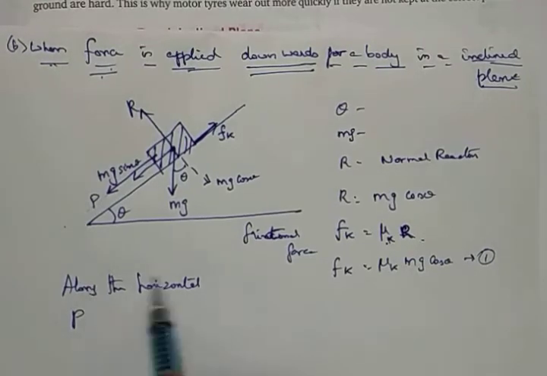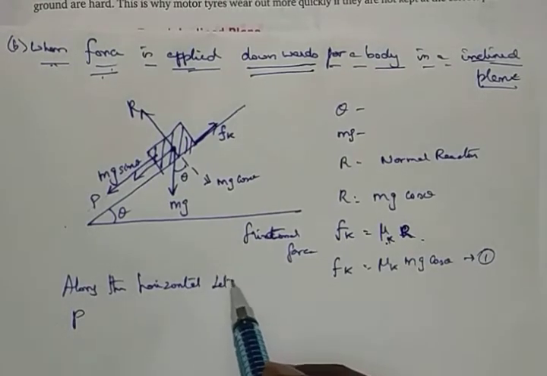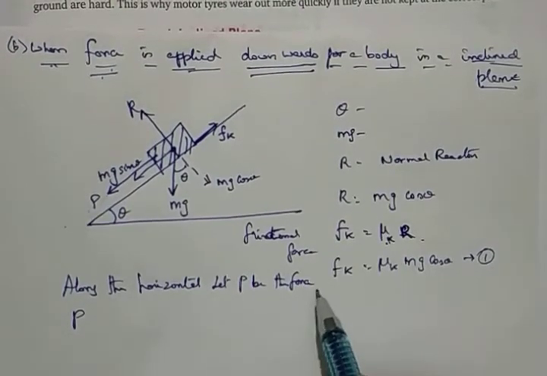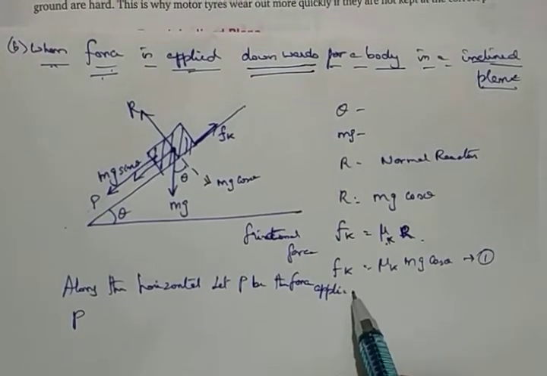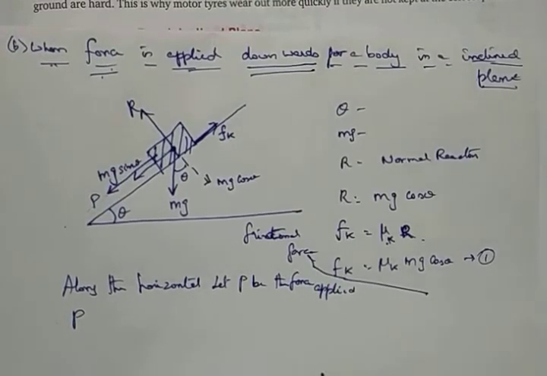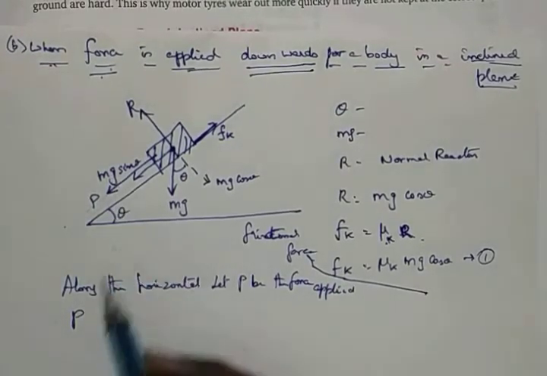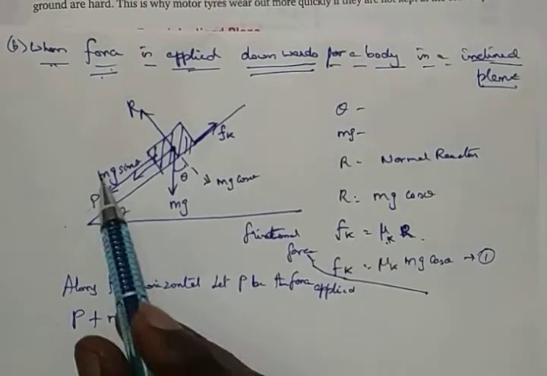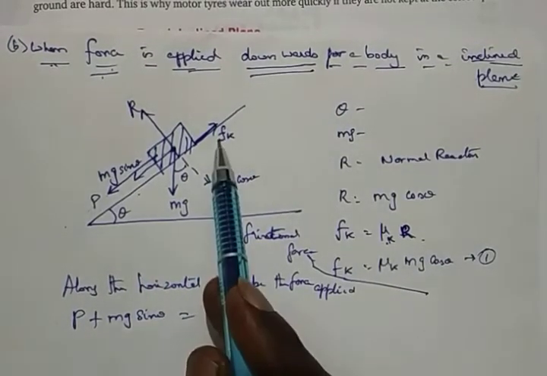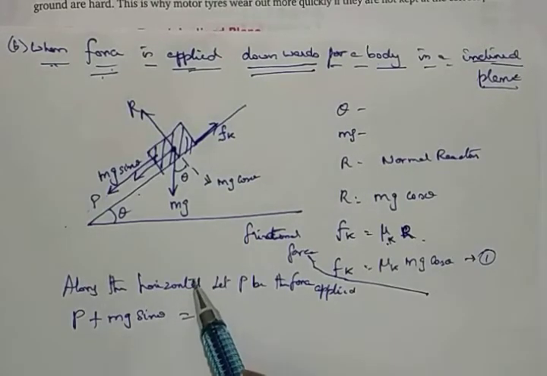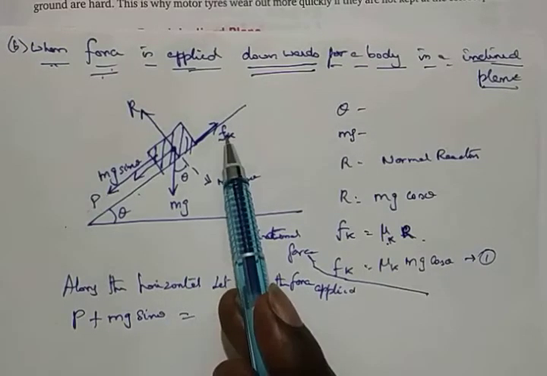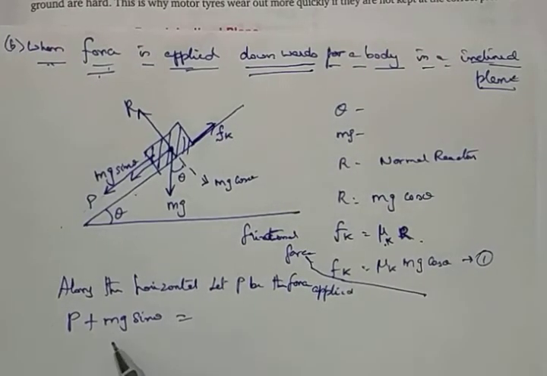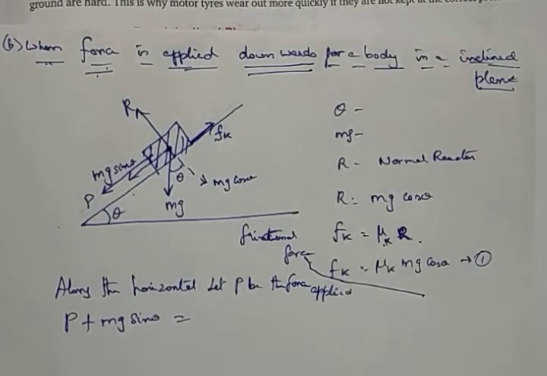Now I can write along the horizontal, let P be the force applied. Now P plus mg sin theta, two forces acting together, is equal to, what is the thing here in the opposite direction? You cannot really say equal to, it is going in an opposite direction.